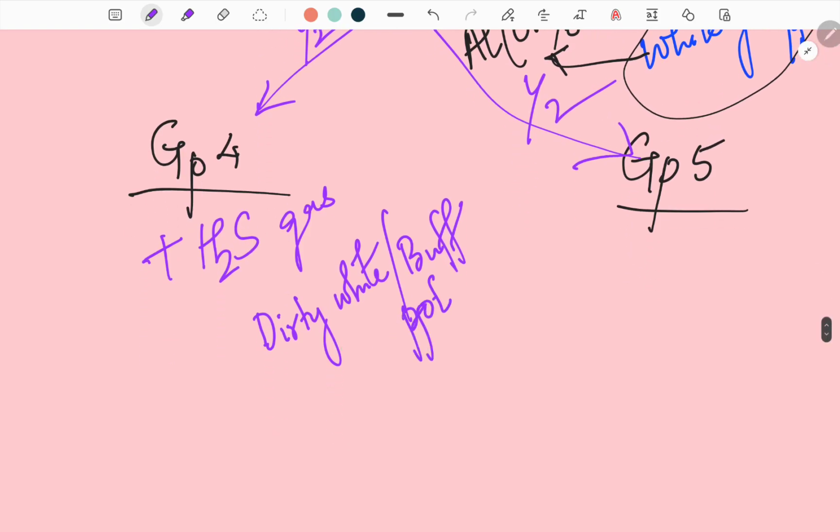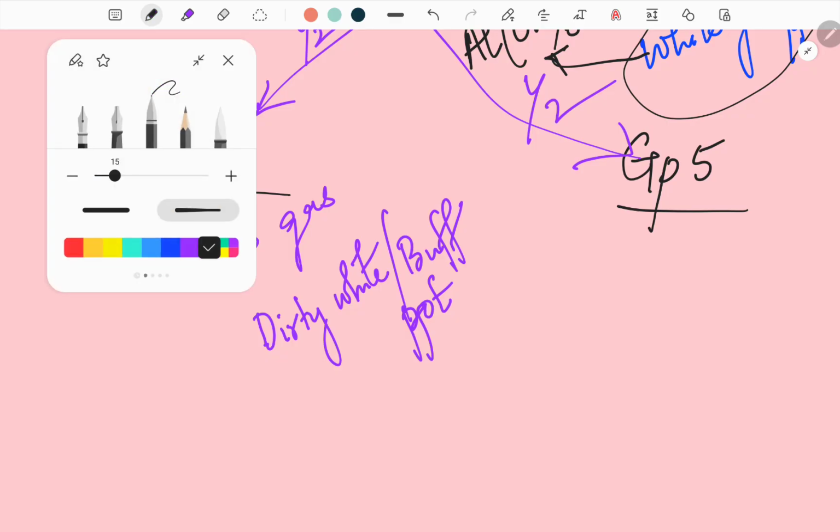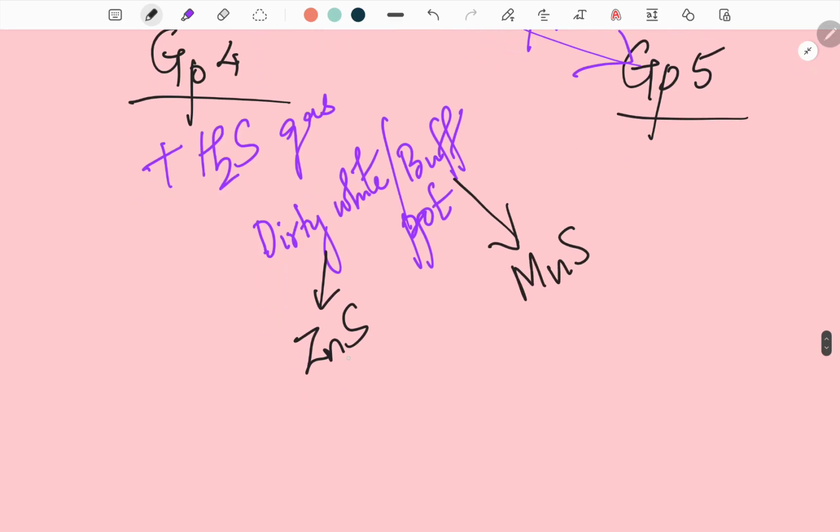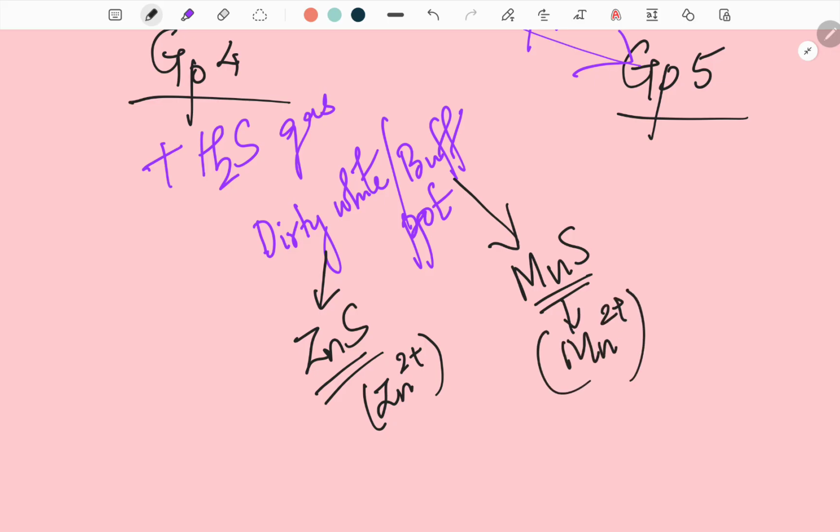The dirty white precipitate is zinc sulfide, and the buff colored precipitate is manganese sulfide. So zinc sulfide formation indicates the presence of zinc, and manganese sulfide indicates the presence of manganese ion. If you're getting one of these precipitates, that means group 4 is present.